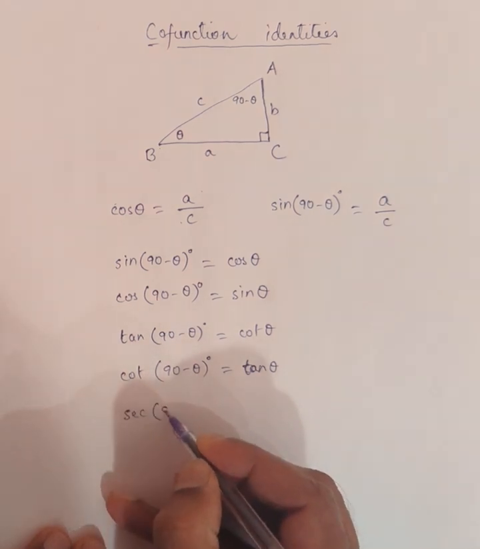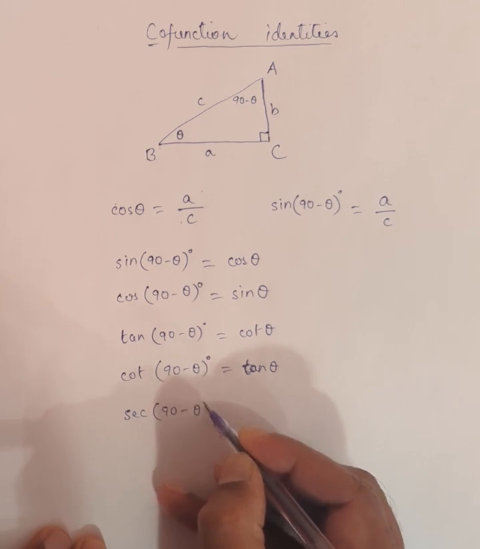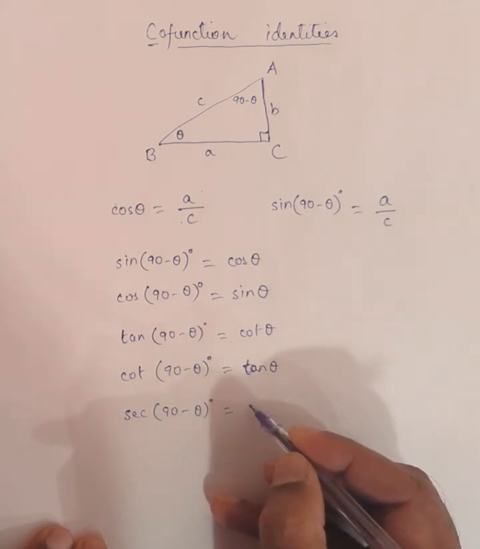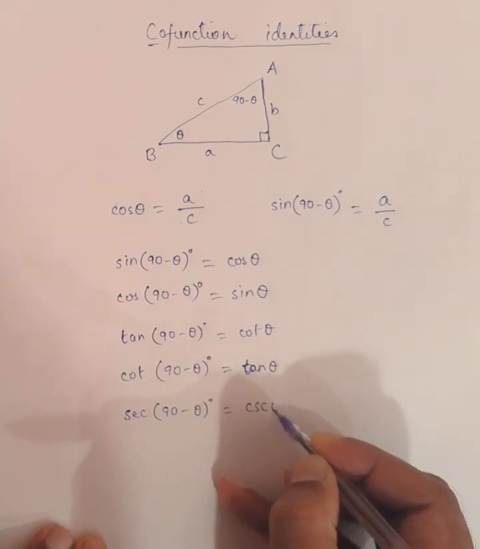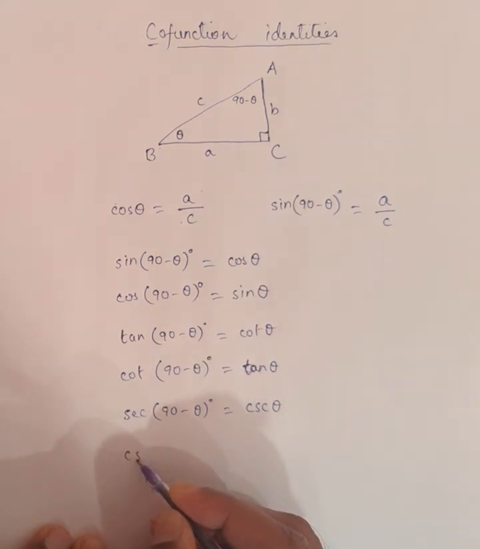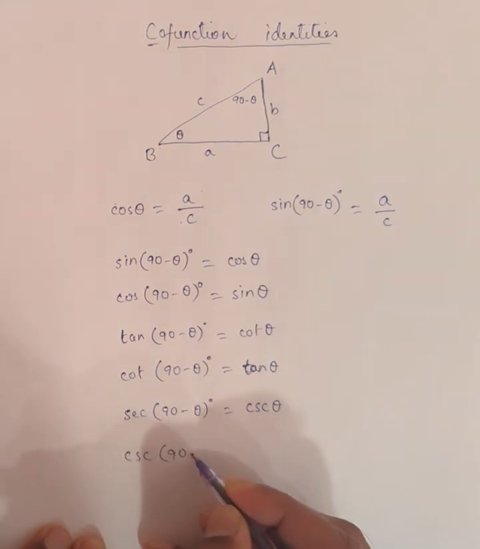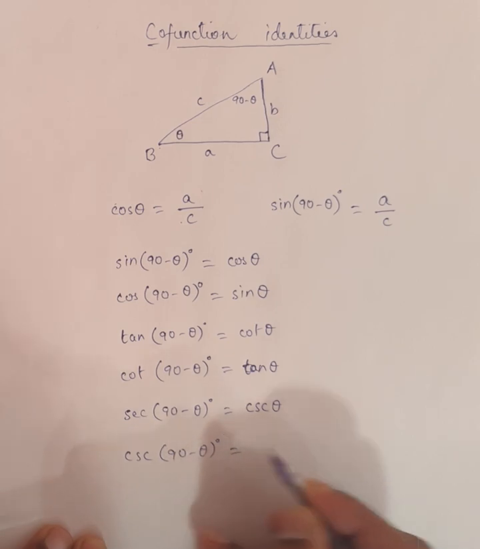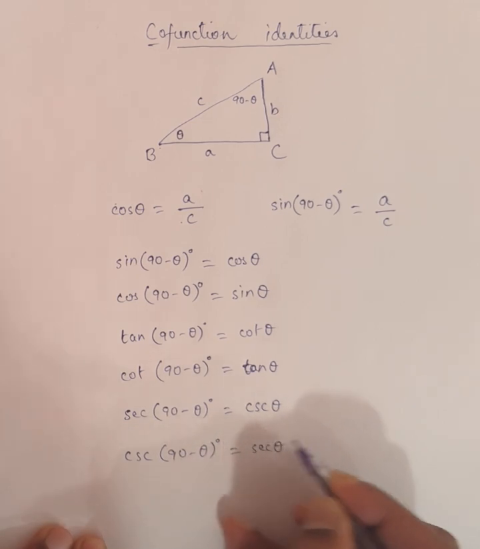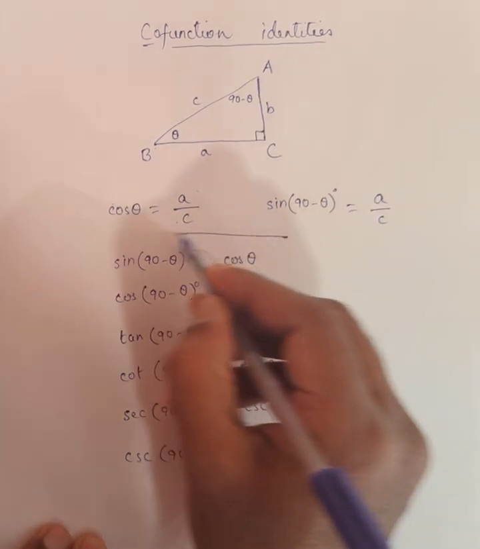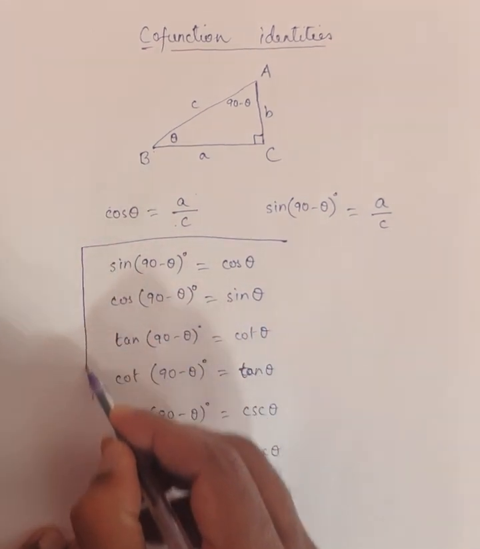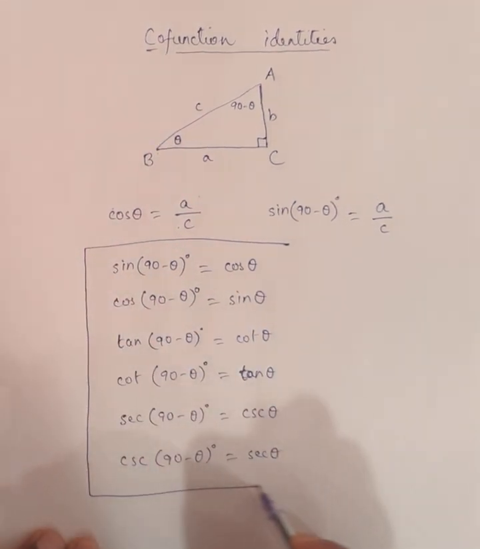Secant of 90 minus theta is equal to cosecant theta, and cosecant of 90 minus theta equals secant theta. Since I'm using degree measures, I have to write the degree symbol.